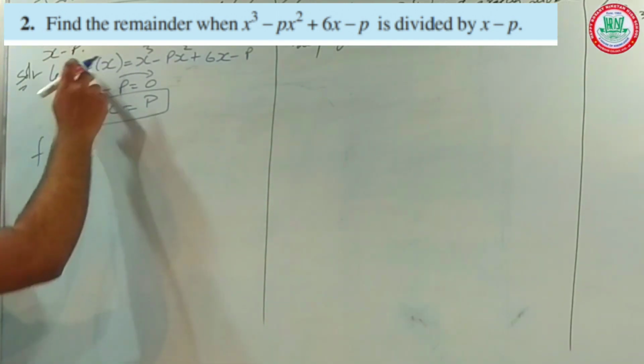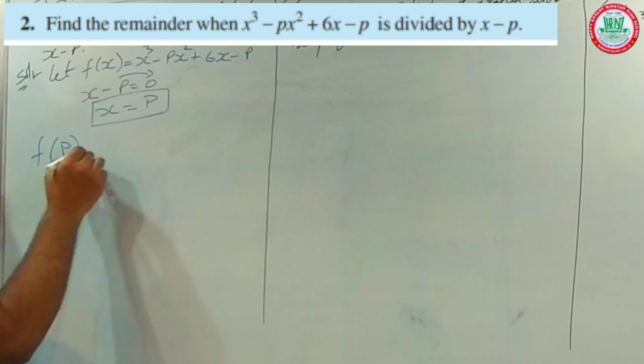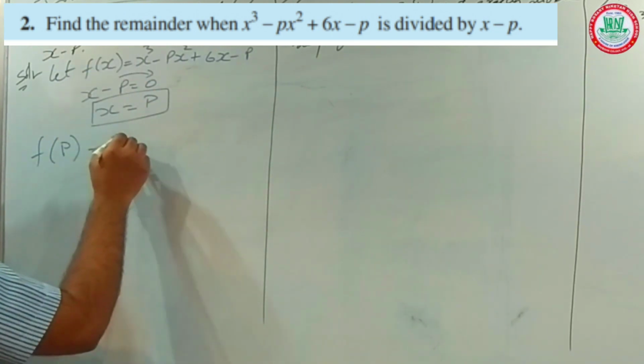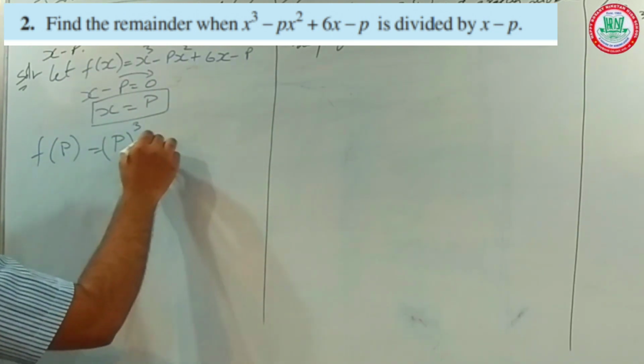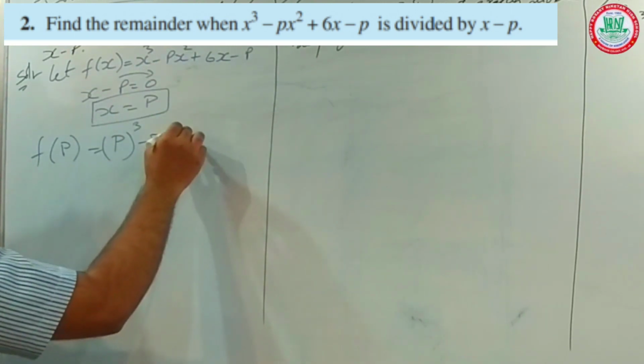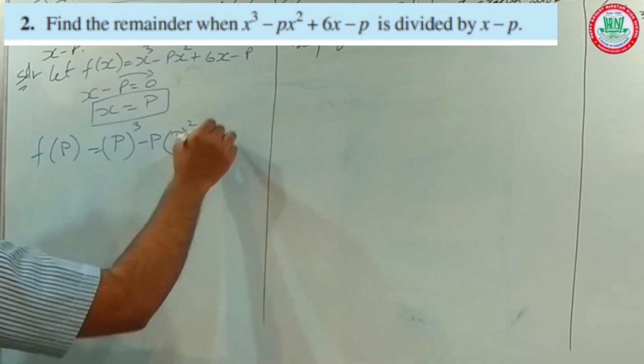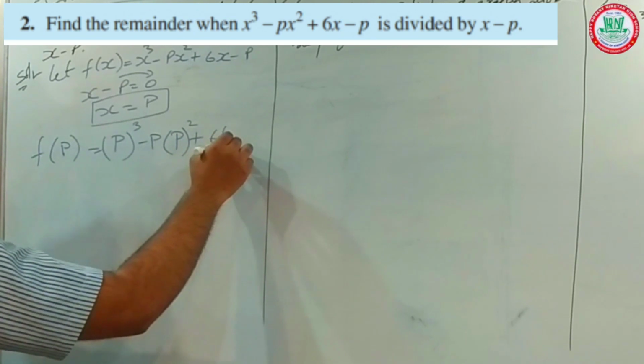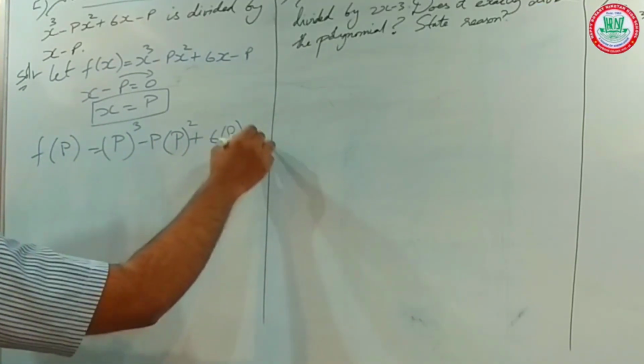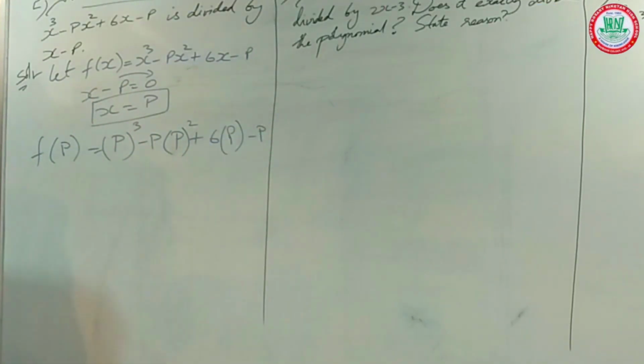So f of p, in place of x, what we need to put? f of p is equal to, wherever x is there, p cube minus p into, wherever x is there, p square plus 6 into, wherever x is there, p minus p. Right?